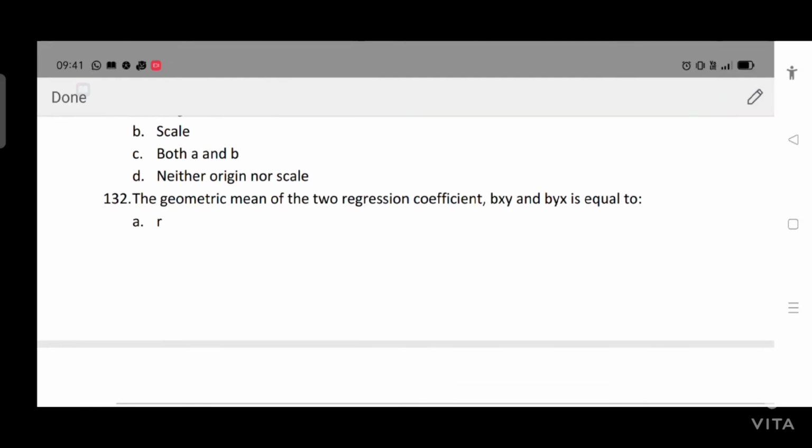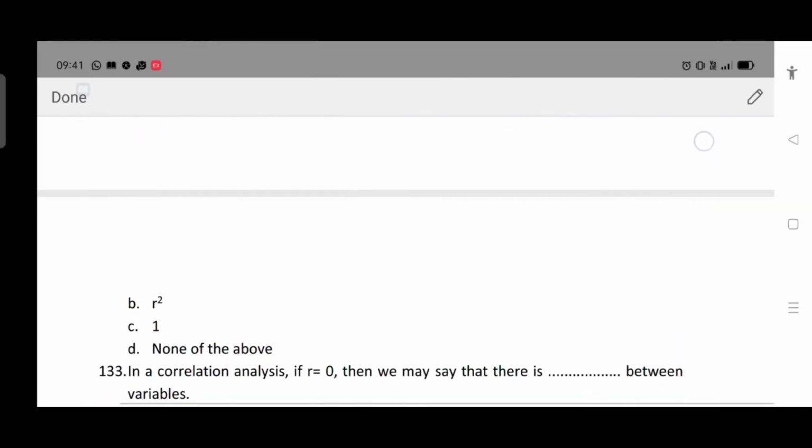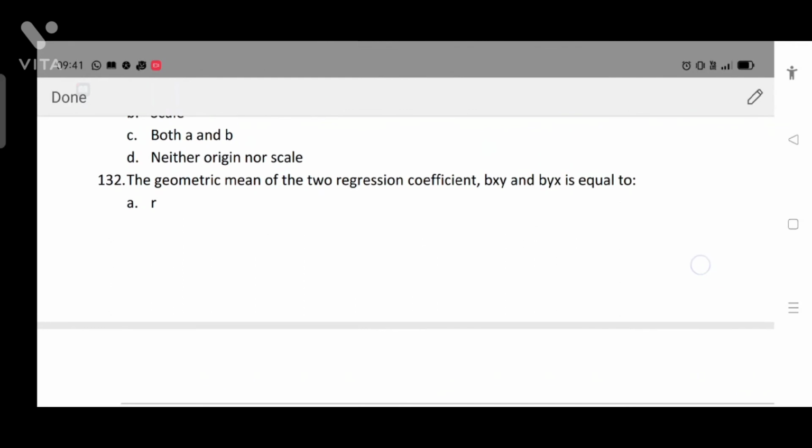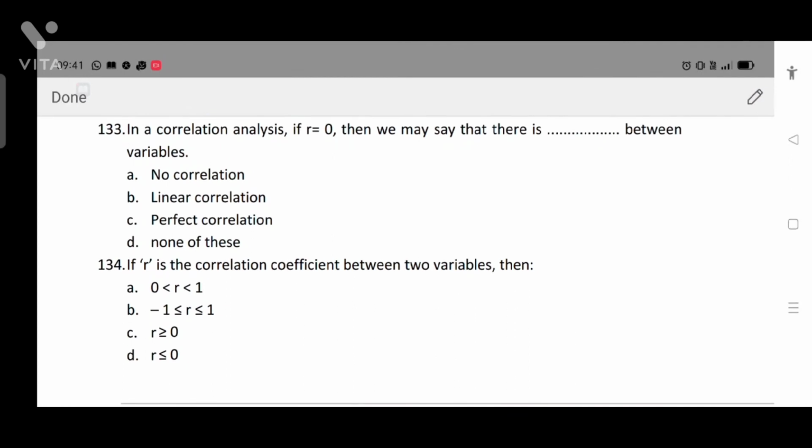The geometric mean of the two regression coefficients Bxy and Byx is equal to, 132. A, B, C, D. Answer A, small r. In a correlation analysis, if r equals 0, then we may say that there is dash between variables. Answer, no correlation.